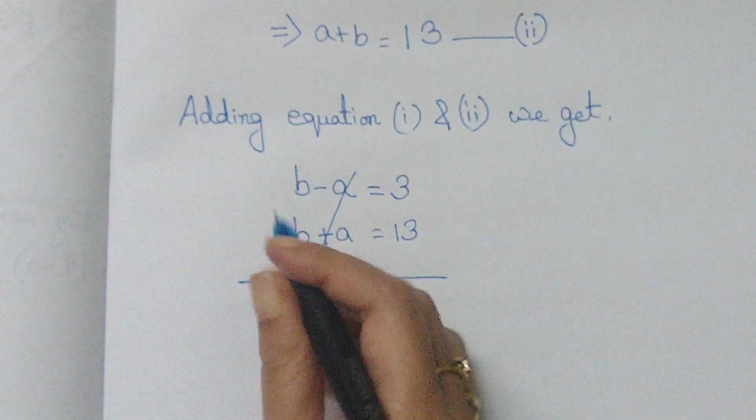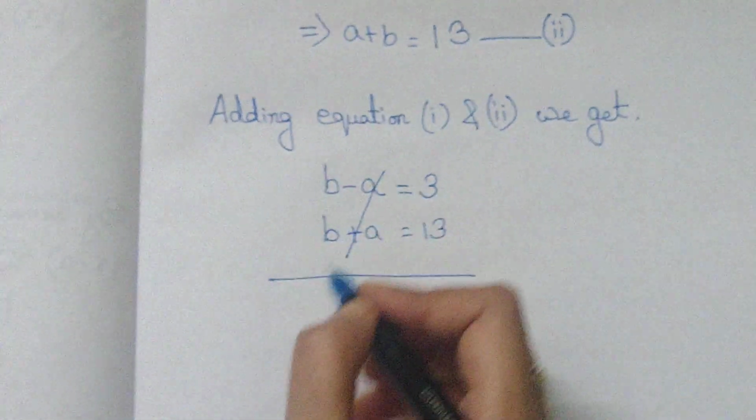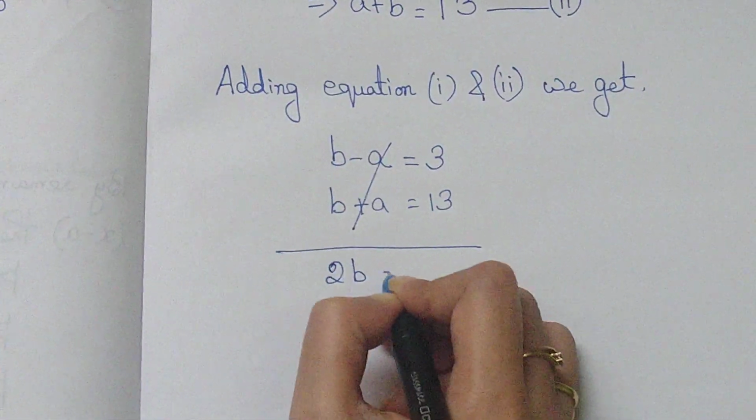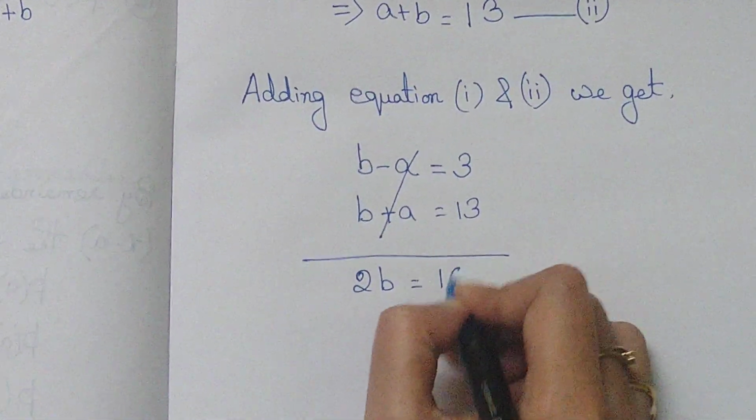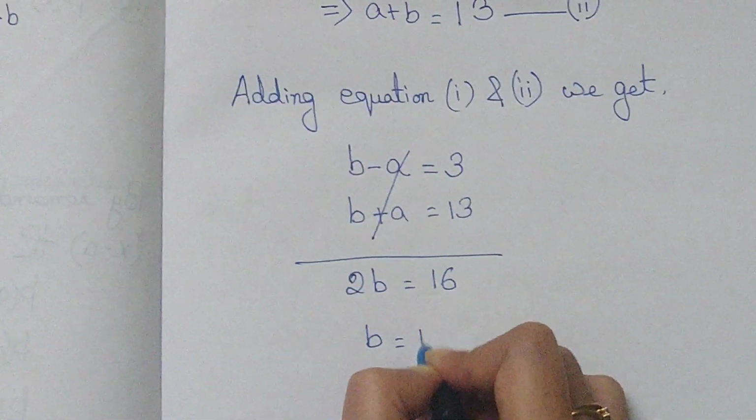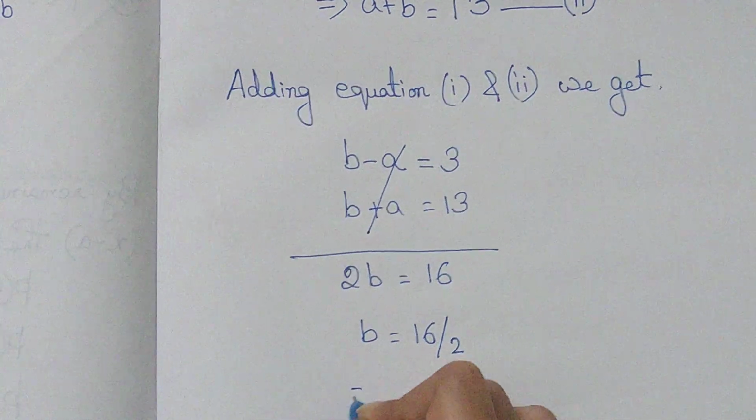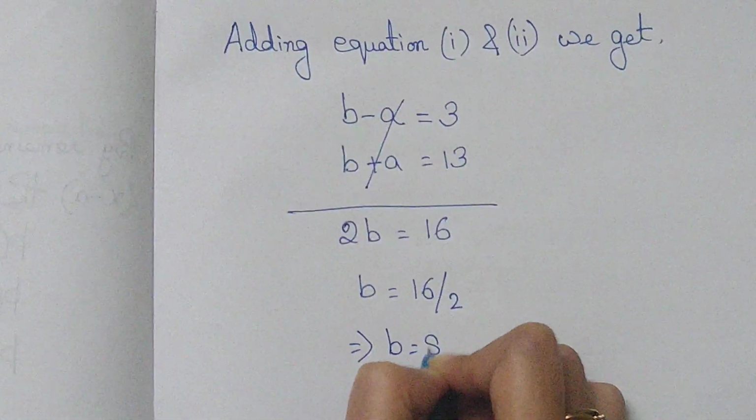Plus minus cancel out, b plus b, that is 2b equals 13 plus 3, 16. So b equals 16 by 2, which implies b equals 8.